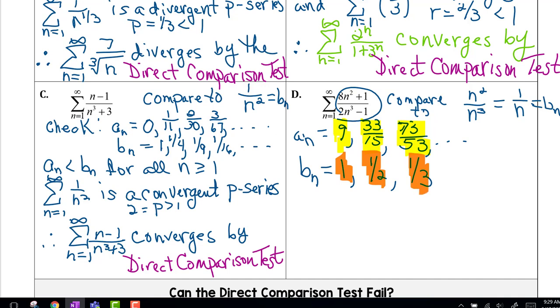So we can definitely see that in this case, a sub n is greater than b sub n. And why that's a good thing, and that's for all n greater than or equal to 1, we know that we have the harmonic series here.